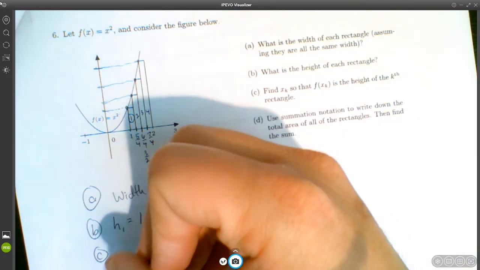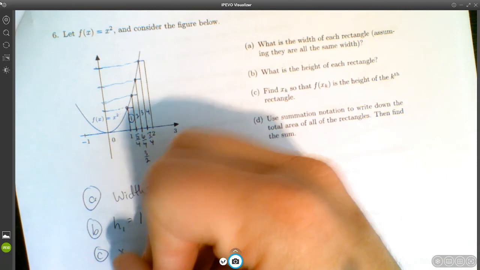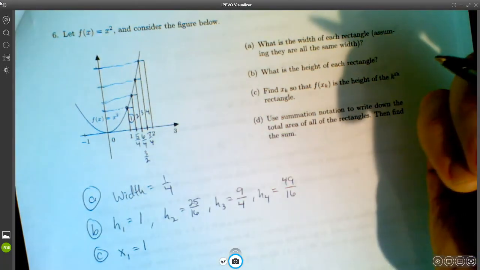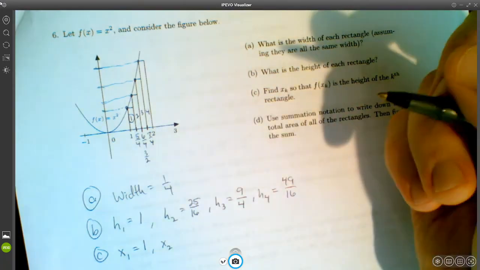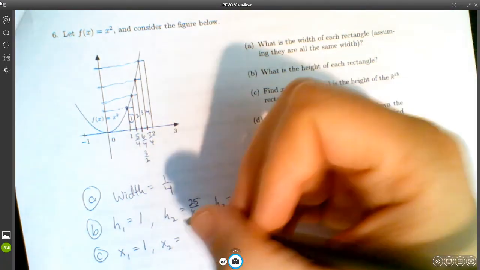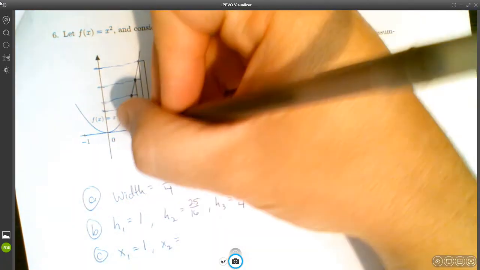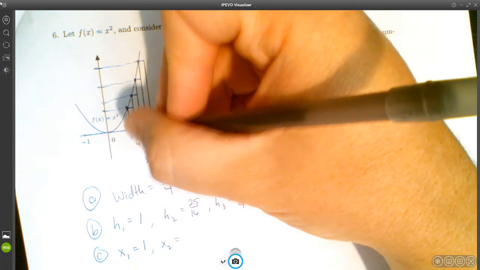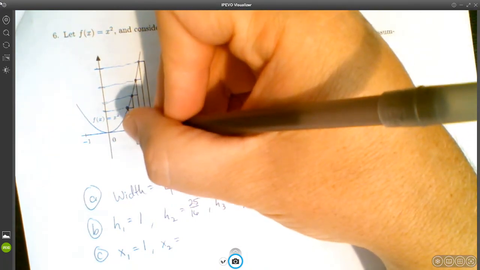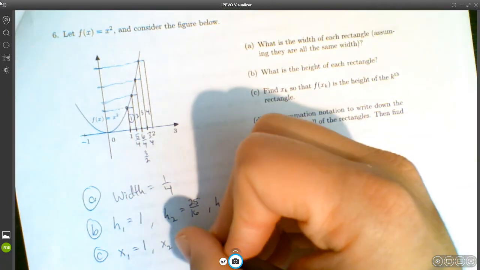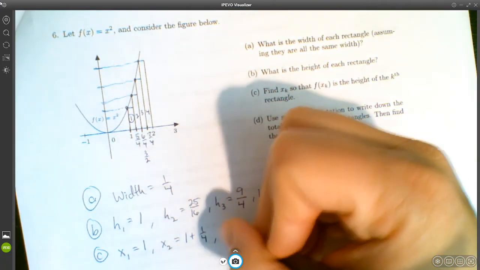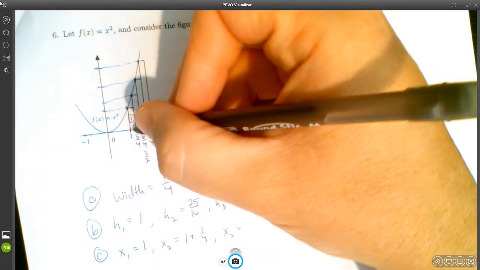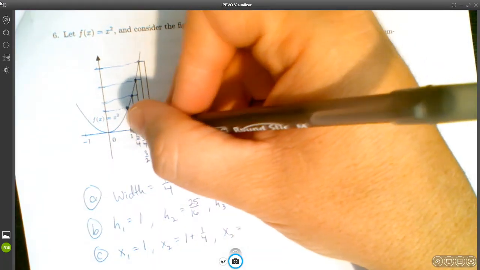Well, it seems like x1 is just 1. X2 we said was 5/4, but the way that we figured that out was we said, well, we're starting at 1 and then we're adding 1/4 to it. So I'm really going to call this 1 plus 1/4. That means that x2 was 1 plus 1/4, and x3 was 1 plus 2/4.